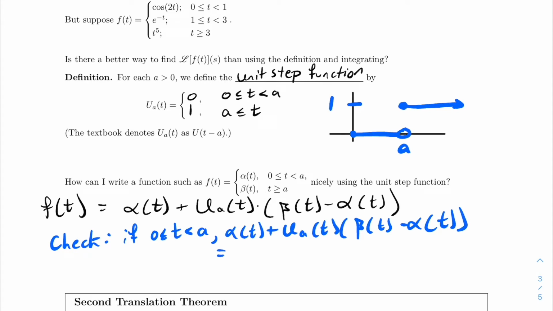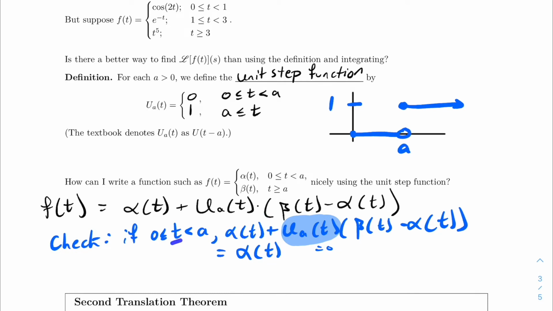What is this equal to? Well, u sub a of t would just be 0, so this whole thing would just go away, and we're just left with alpha of t.